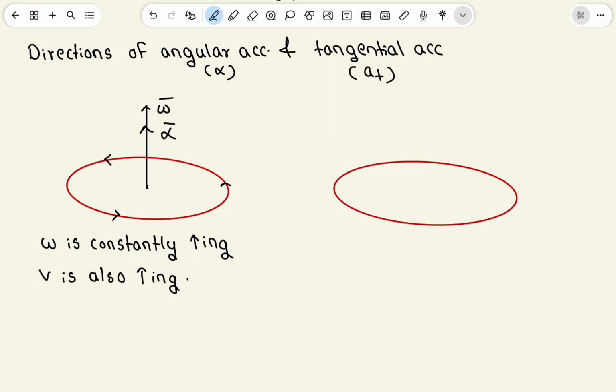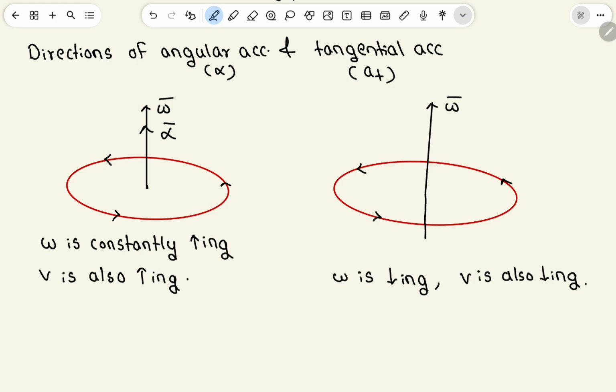On the other hand, if we have a similar anticlockwise circular motion, omega bar will be upwards. But if omega is decreasing, which means V is also decreasing, then in that case, alpha bar will be anti-parallel to omega bar.